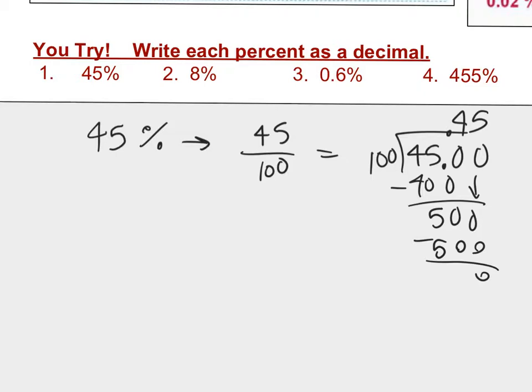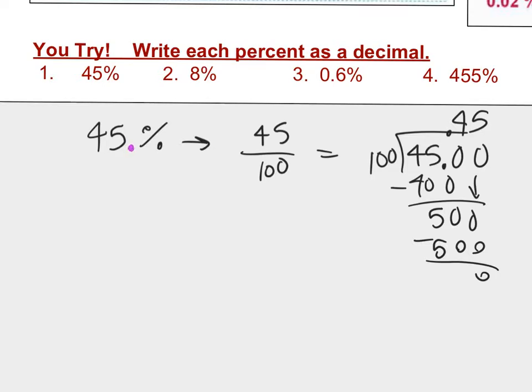There is a pattern that's involved. Anytime you have a percent and you want to change it into a decimal, when you change the percent into the fraction that it is, and then that fraction into the division that it is, they notice that, wow, 45 really has a decimal point right here.